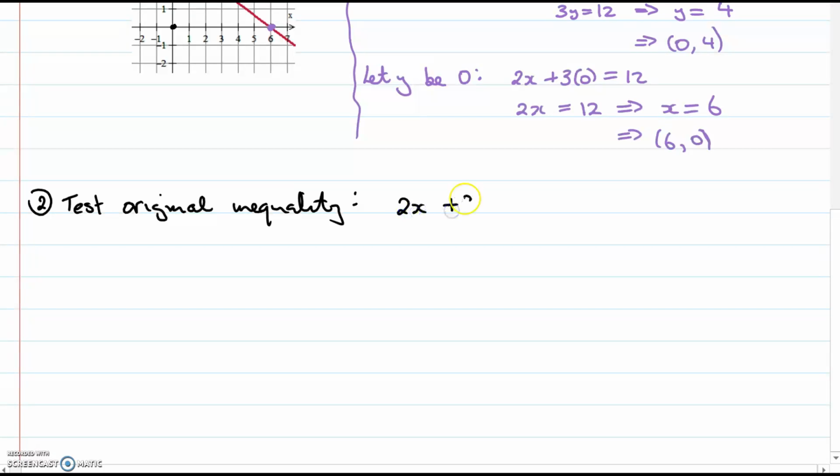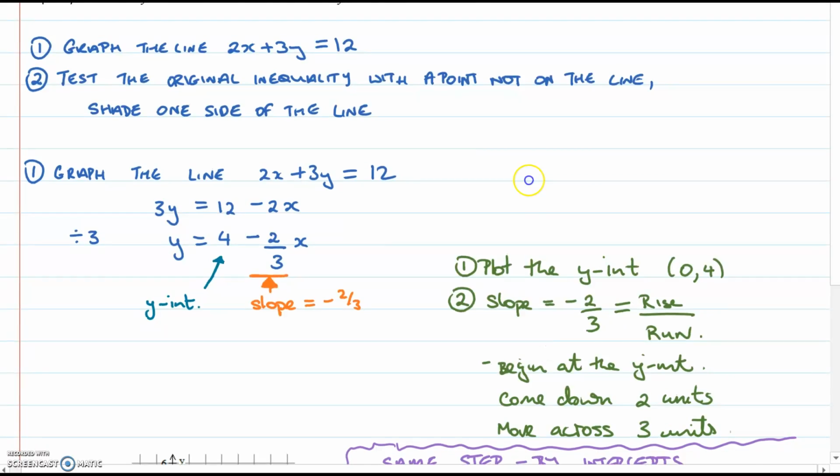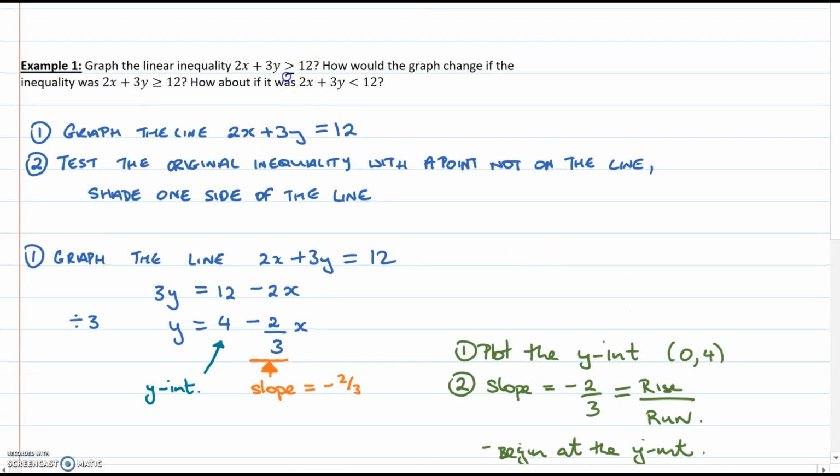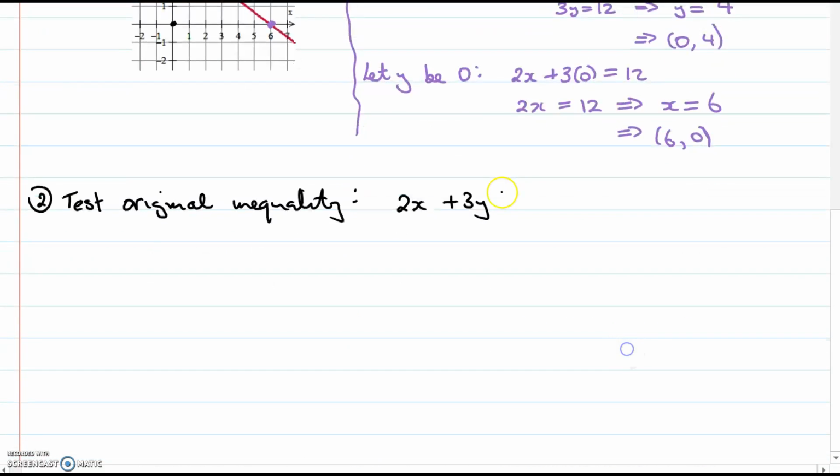2x plus 3y was greater than 12. Okay, so we go back there. 2x plus 3y is greater than 12, with (0, 0). Now it has to be a point that isn't on the line, and the point we normally use is (0, 0).